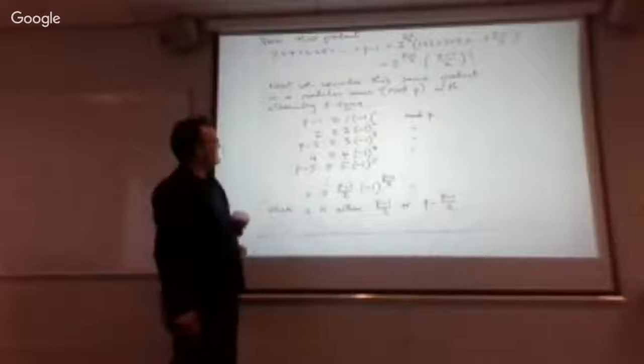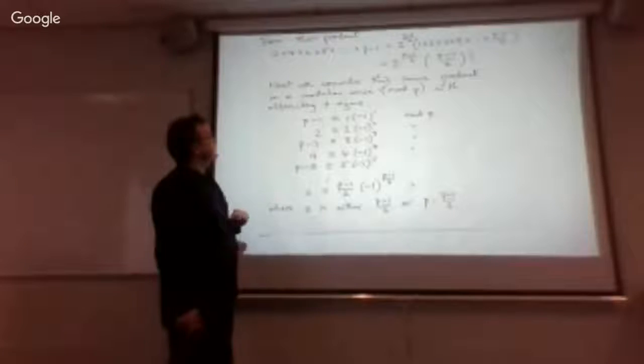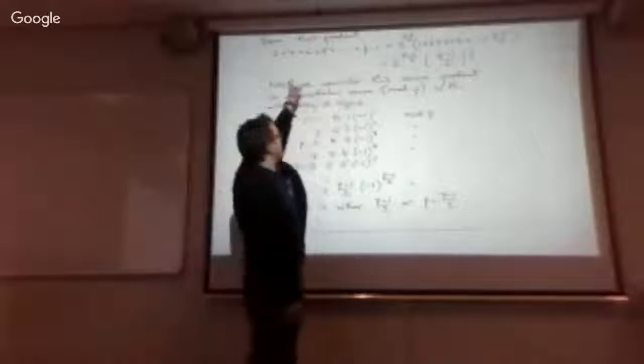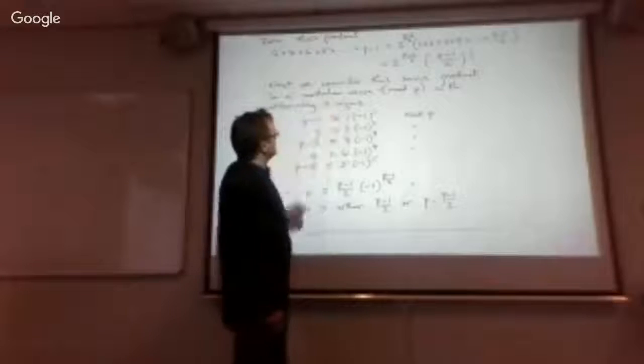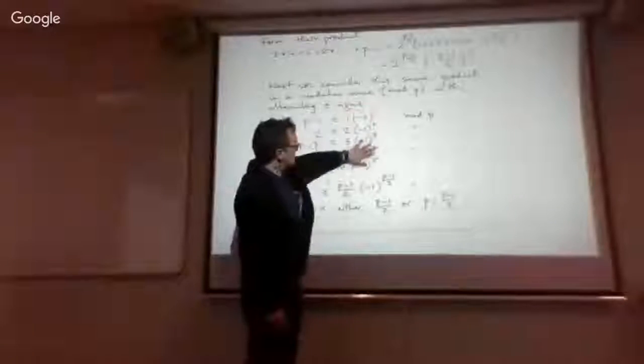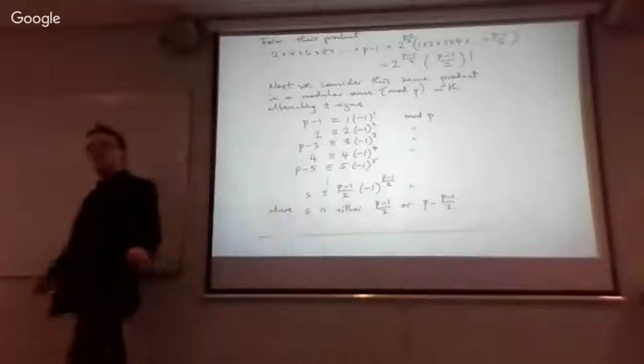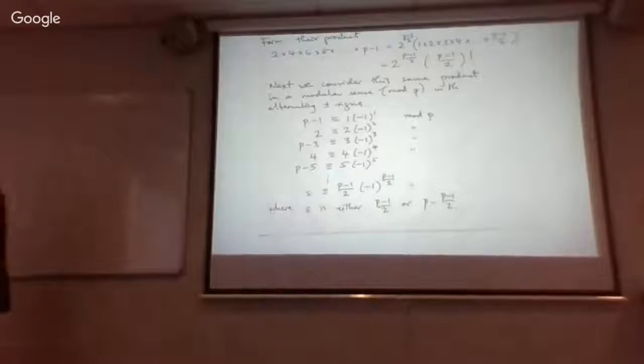I'm going to multiply them together again, which will give me this thing on the left-hand side up here, 2 by 4 by 6 by 8. But it'll also give me a different modular arithmetic description.